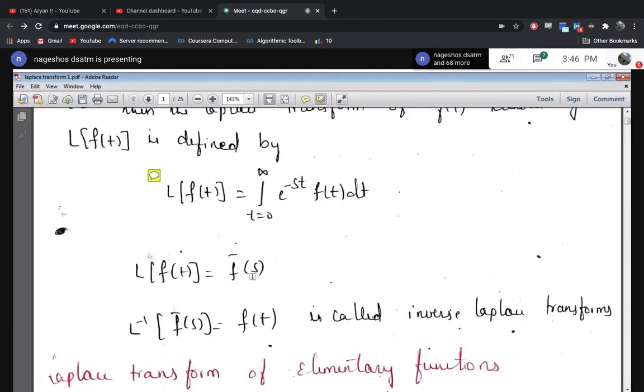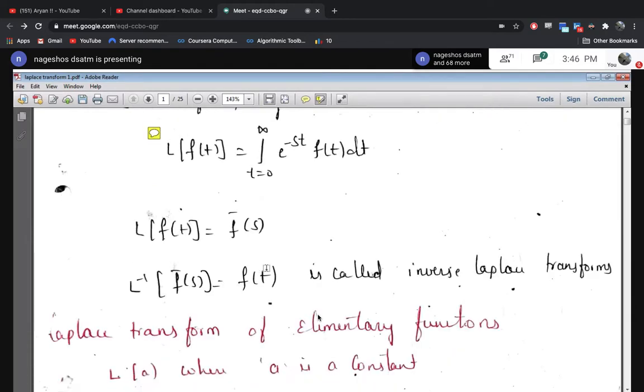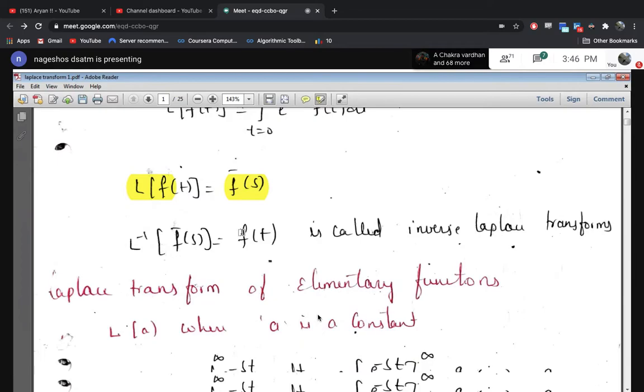L of f of t is also denoted by f bar of s. Yesterday I didn't tell this, but it is also denoted by f bar of s.